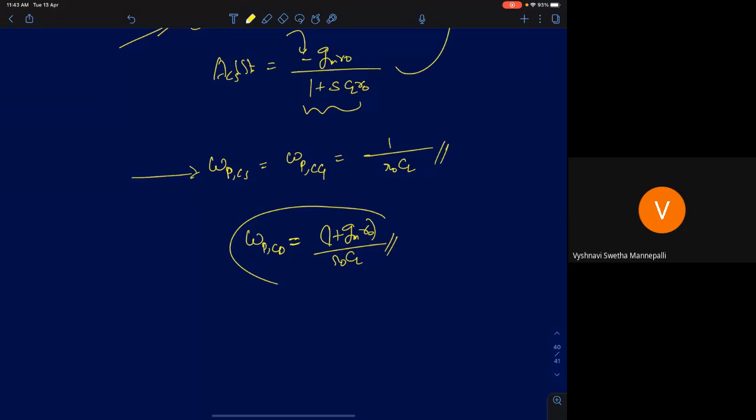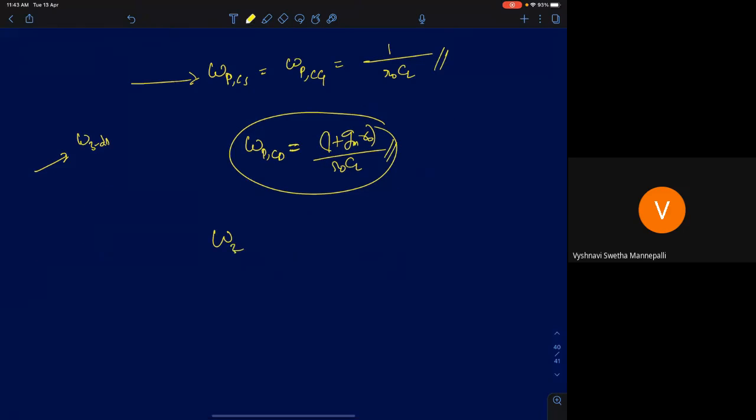So among the three amplifiers, common gate, common drain, common source, which one has the highest 3 dB bandwidth for the same load capacitance? Look at the result. Highest 3 dB bandwidth means highest pole. Omega 3 dB is simply the pole location itself. So which one has the highest pole?